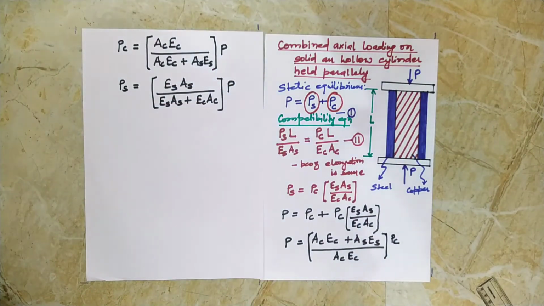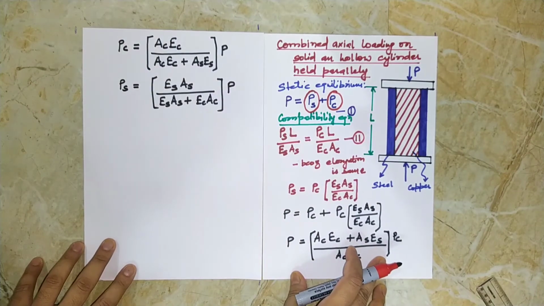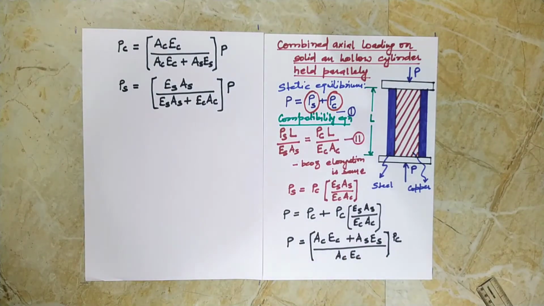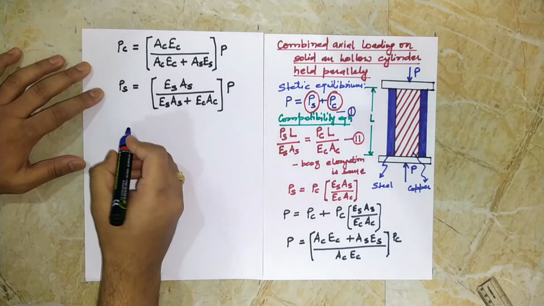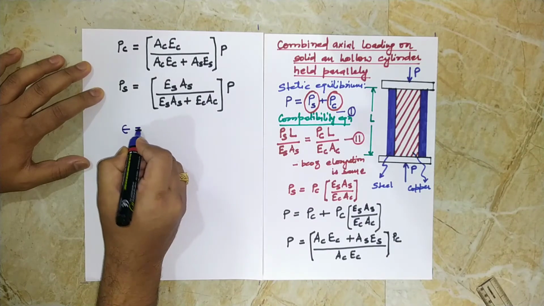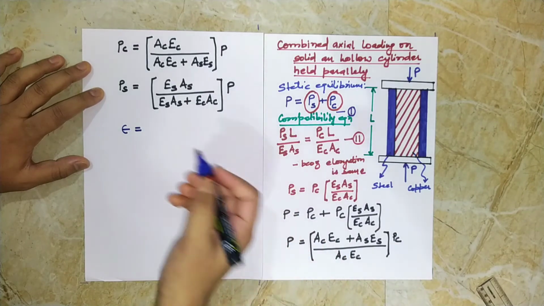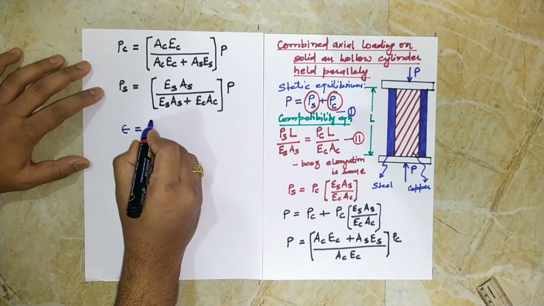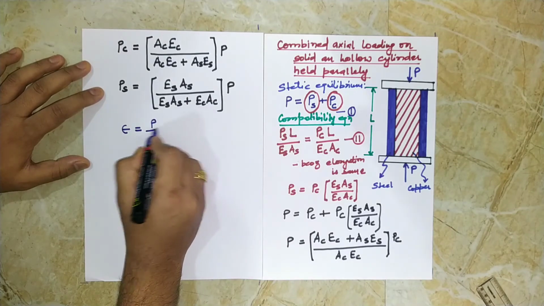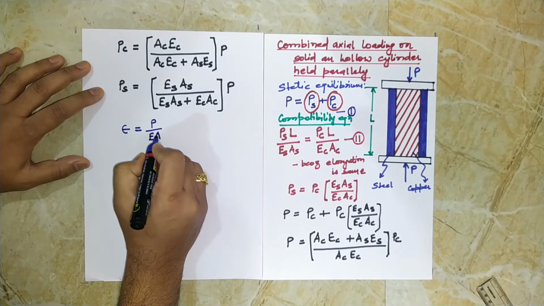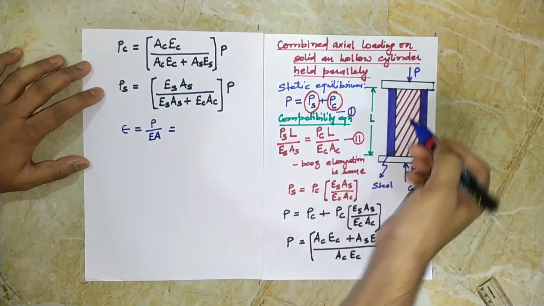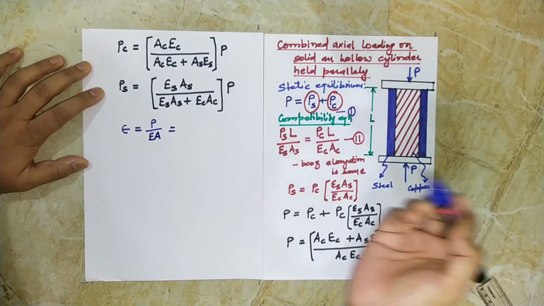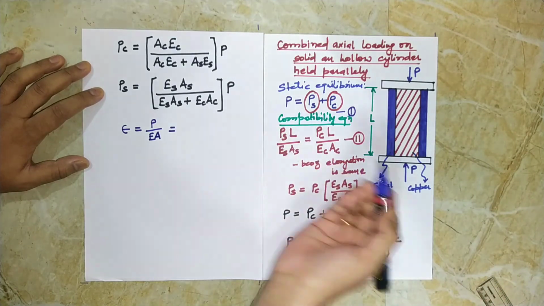Now our target is to find out what is the final deflection, what is the change in length, or what is the strain. We know that change in length is PL upon AE, so strain can be written as P upon EA. Since the change in length is the same for both, let us take any one. So we'll take the steel cylinder.